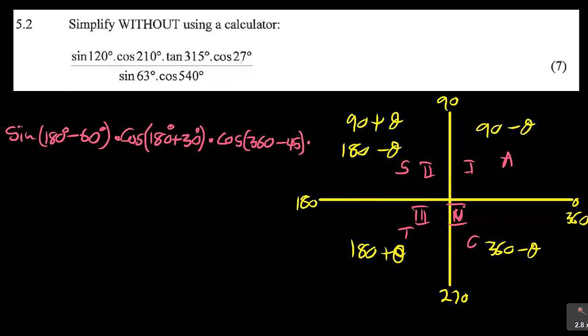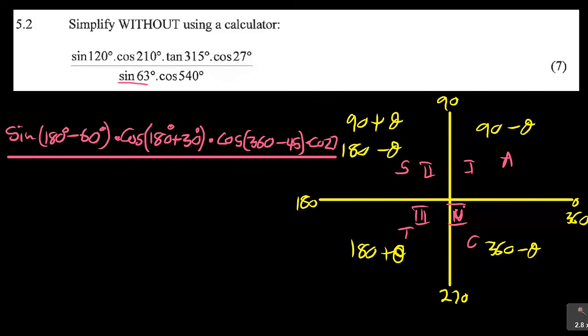Now cos 27 I would leave as it is, because it's in the first quadrant, so I'll write it as cos 27, and then all over, because I'm working this fast, I just want to show you something. Let's go to the bottom. I've got sine 63.